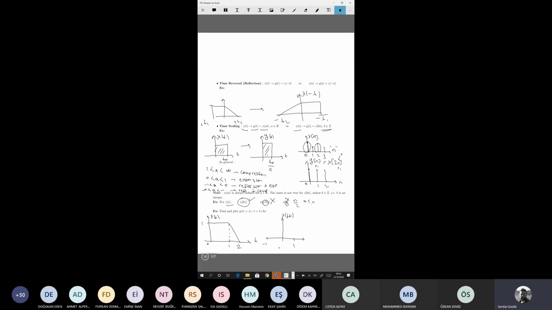So what about x of t plus 1? Since I have a positive shift factor, the signal will be shifted to the left. So it will be in this area. My x of t plus 1 is nothing but x of t shifted to the left by 1 unit. So what about x of minus t plus 1?